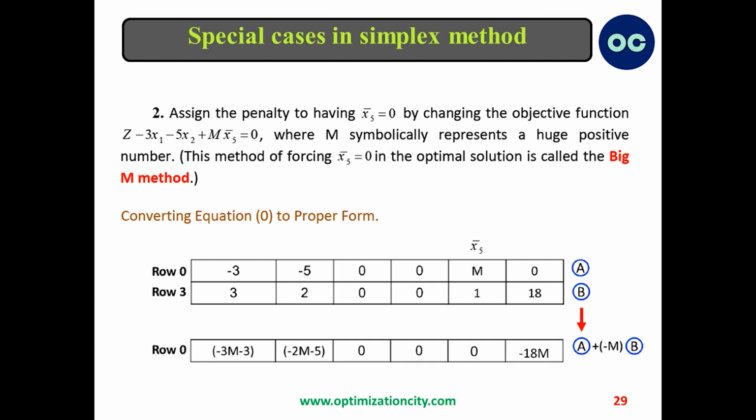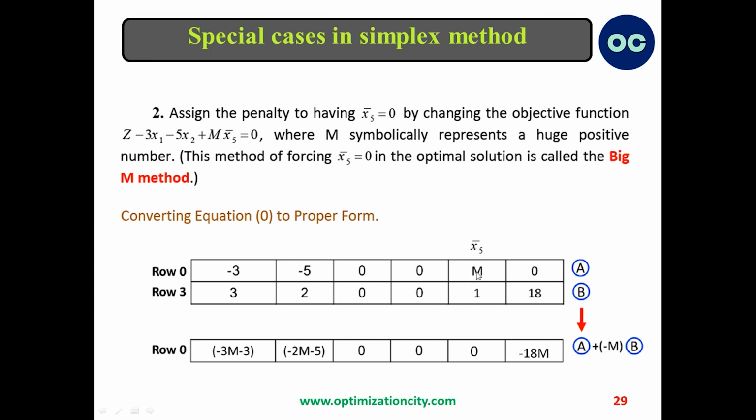Before you can apply the simplex method, the optimality test, or find the entering basic variable, you need to make sure that all basic variables are eliminated from equation 0. However, the system is not yet in proper form because the basic variable x5 bar has a non-zero coefficient in row 0. So here, this is a basic variable, but it has a coefficient in row 0.